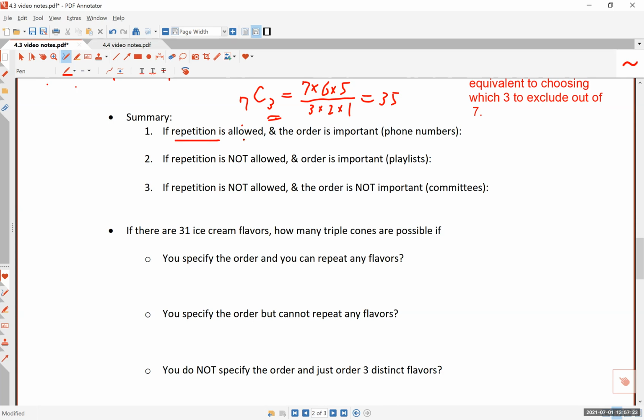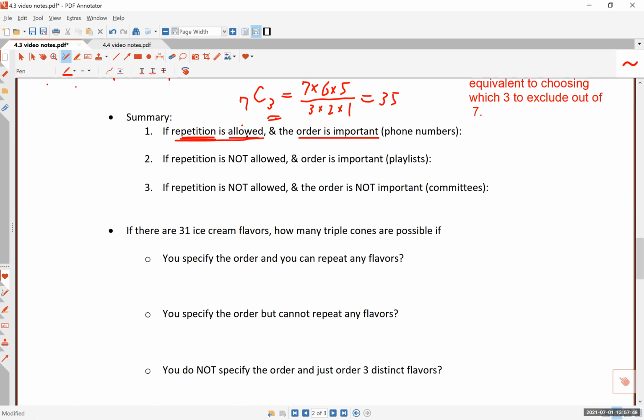If repetition is allowed, and if the order is important, such as the telephone number, so you can use the same digit twice or 3 times, and the order is important in the phone number. Or if you have one of those combination locks, how many ways can you choose the correct combination? Well, you can use the same digit or same letters again and again, right?